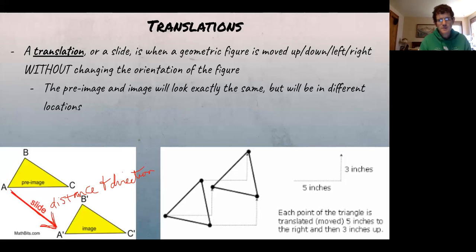Now, we do split it up, and I already talked about this to some degree, but we do split it up into horizontal and vertical movements. So with this example on the right, it kind of shows a little better. It's telling us to go 5 to the right, 5 inches, and then 3 inches up. And we do that with every point. So 5 inches to the right, 3 inches up. And we want to split it into those two components.